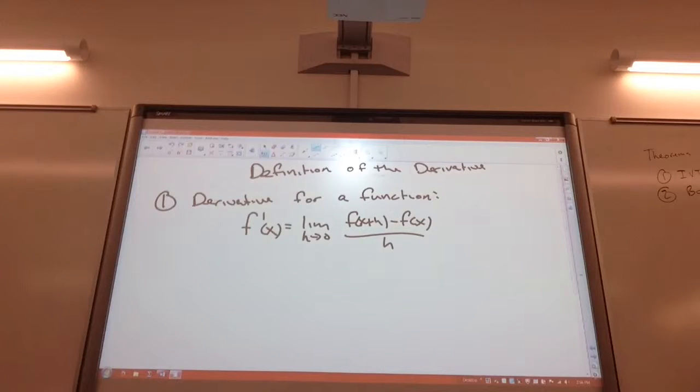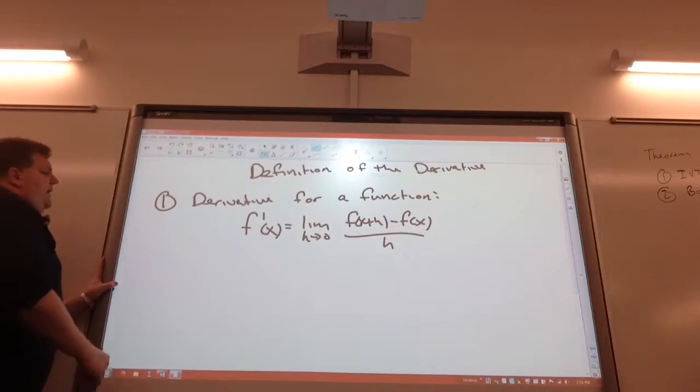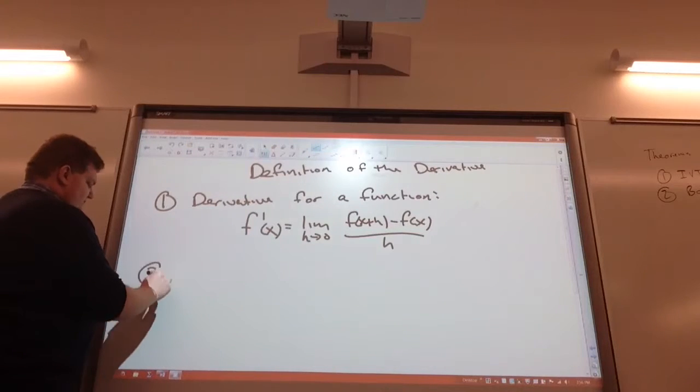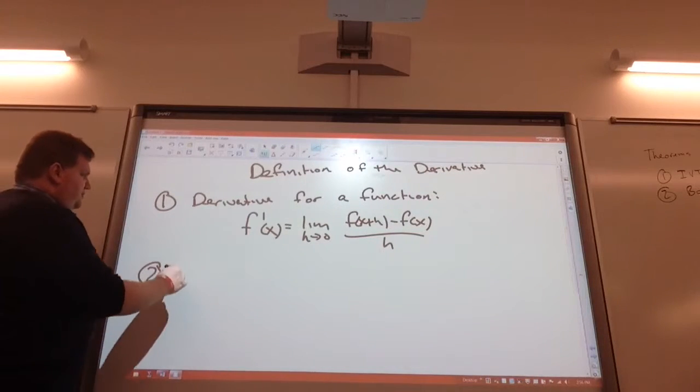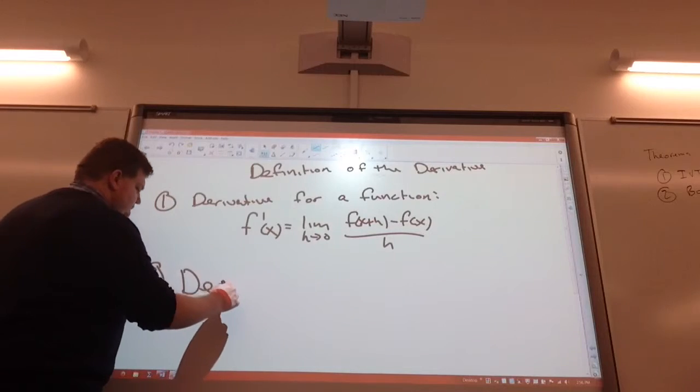There's another version of this that's very similar, and when you look at it, you're like, oh, it's exactly just kind of the slope formula. And it's the derivative at a point.